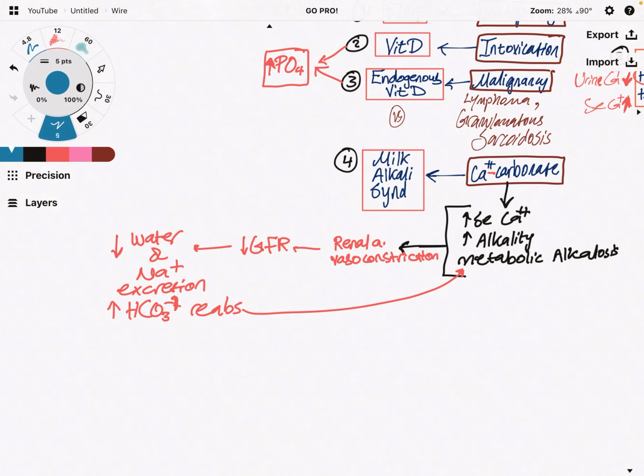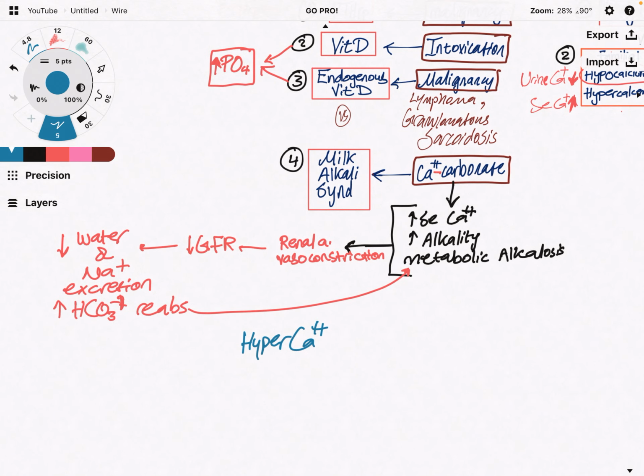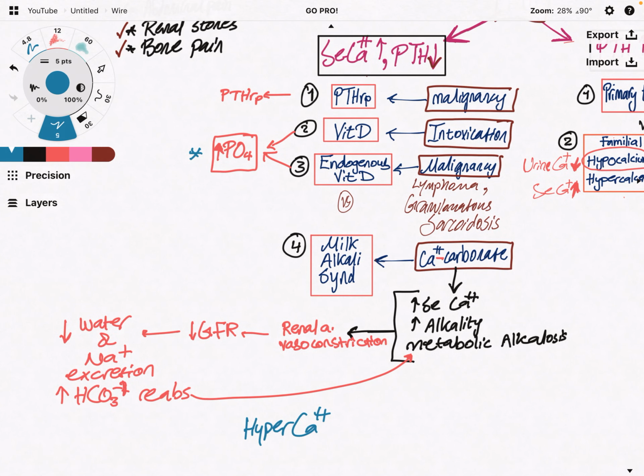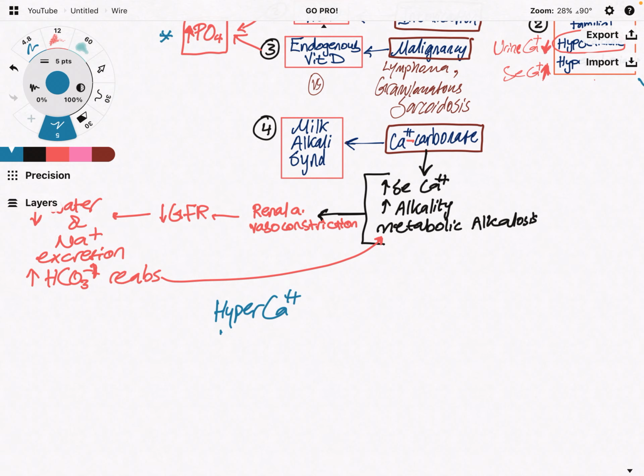So, if we find that a patient has hypercalcemia, we should check the phosphate level. If it is high, then it is related to vitamin D. If it is not high, then it is something else. We looked for parathyroid hormone-related peptide, and it is not that. But we noticed that this patient who has hypercalcemia also has metabolic alkalosis, right?